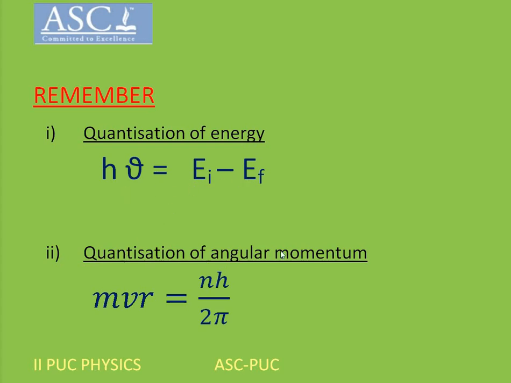And quantization of angular momentum, as we know, L is equal to mvr, and the same L is equal to nh by 2 pi. This is according to Bohr's postulate. Therefore, mvr is equal to nh by 2 pi.